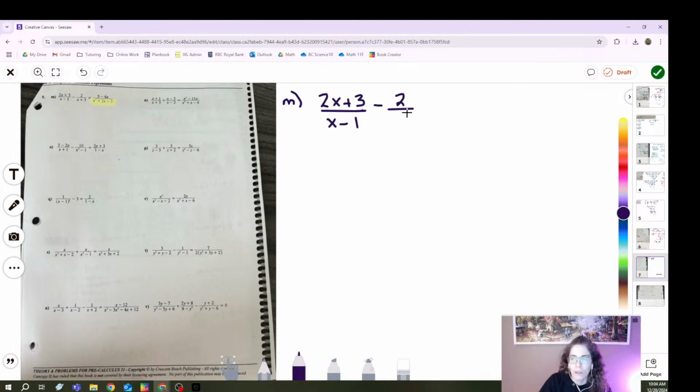Okay, what is that stuff on the bottom right going to be factored?